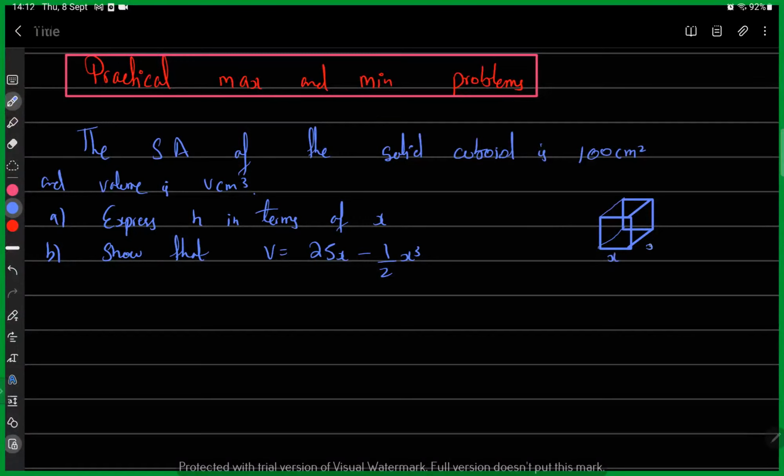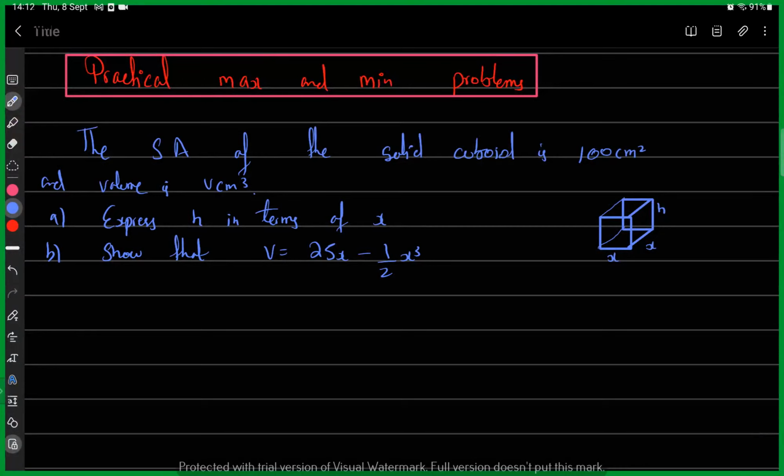This one is also x, and this is h. Acha. Now the question says the surface area of the solid cuboid is 100 centimeters square. We are coming from O levels, we know what exactly the surface area is. Surface area is the area of the sides of this cuboid, and the volume is V. Express h in terms of x.